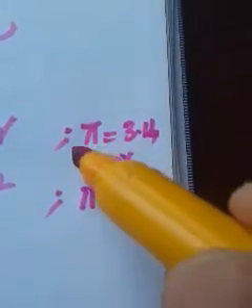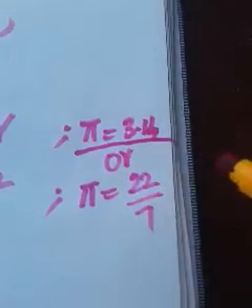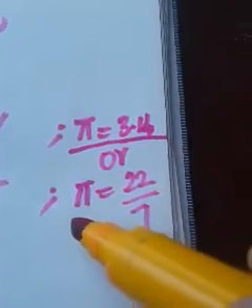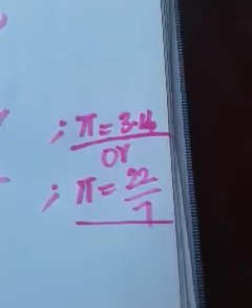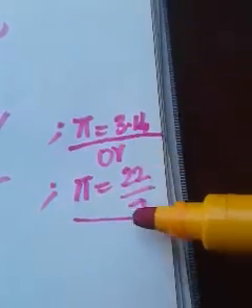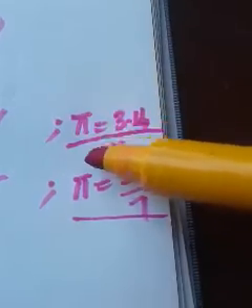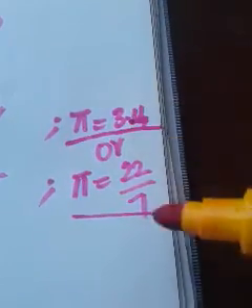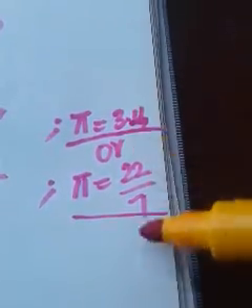If you want, you can choose the value of pi as 3.14, otherwise you can choose 22/7, as you wish. You can choose either value.